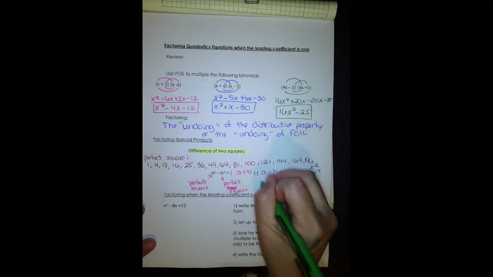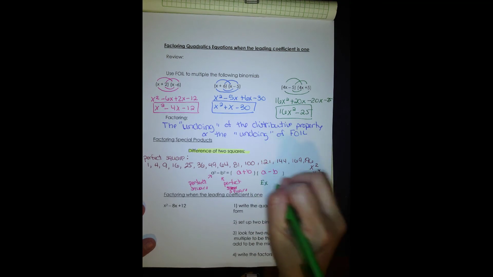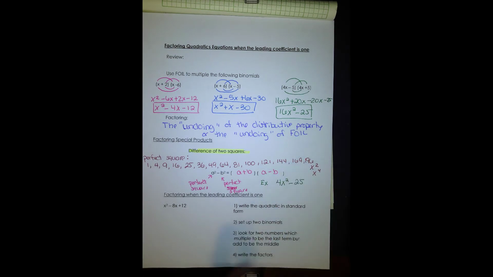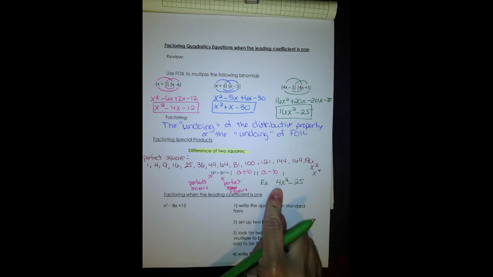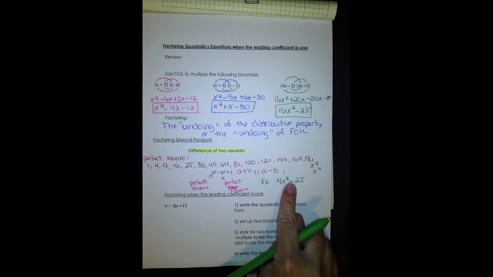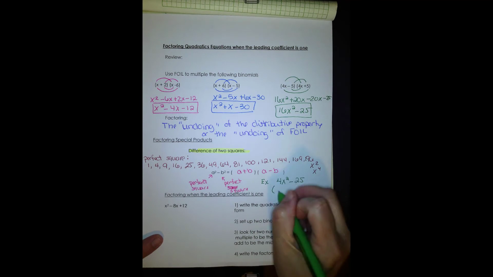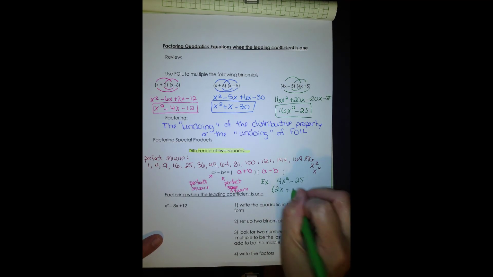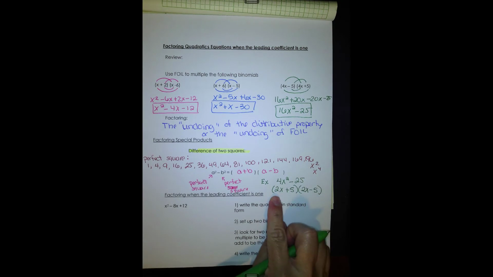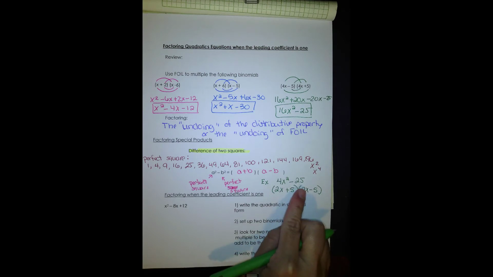So for example, if we had something like 4x squared minus 25, notice that 4 is one of those perfect squares, the 25 is a perfect square, and the x squared is also a perfect square. So this factors into 2x plus 5 and 2x minus 5, because 2x is the square root of 4x squared and 5 is the square root of 25.